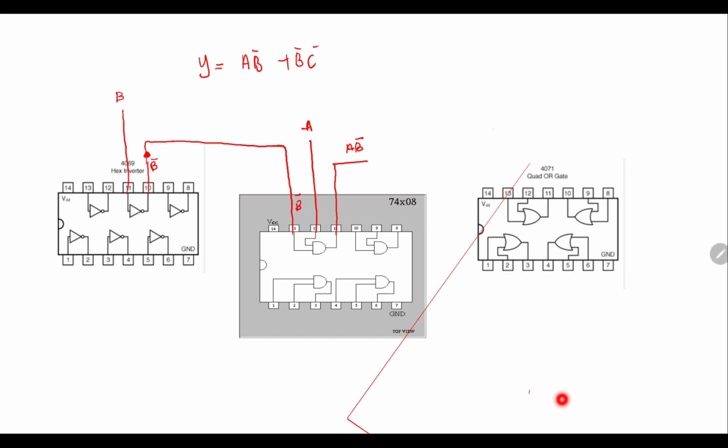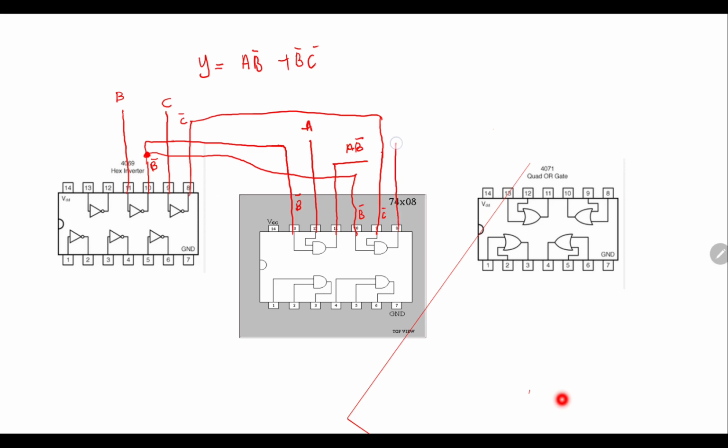You can connect here. B bar, C bar. This one is C, this one is C bar. Going here, this one is C bar, this one is B bar.